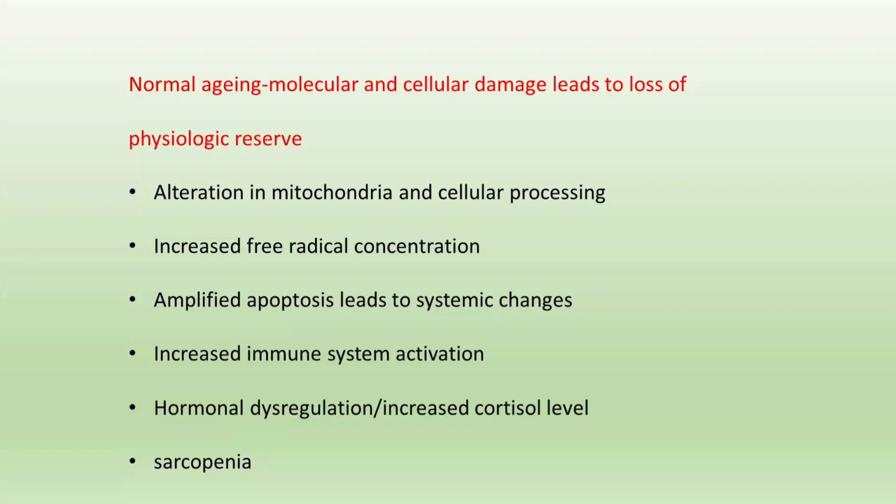So there is amplification of apoptosis leading to systemic changes. With aging, there is increased immune system activation, and hormonal dysregulation also happens with increased cortisol levels. All these contribute to the loss of physiologic reserve, and the ultimate end result is sarcopenia.